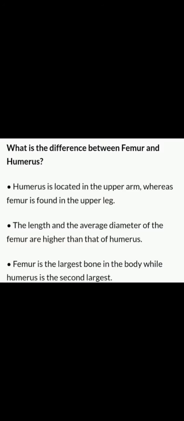Now, what's the difference between femur and humerus? Humerus is located in the upper arm, whereas femur is found in the upper leg. Also, the length and the average diameter of the femur are higher than that of the humerus. 3. Femur is the largest bone in the body, while humerus is the second largest. 4.